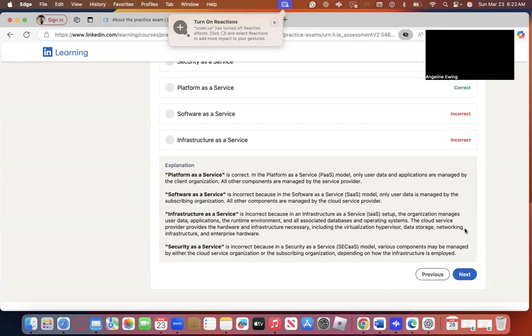The cloud service provider provides the hardware and infrastructure necessary, including virtualization, hypervisor, data storage, networking infrastructure, and enterprise hardware. In a security as a service model, various components may be managed by either the cloud service organization or the subscribing organization, depending on how the infrastructure is employed.